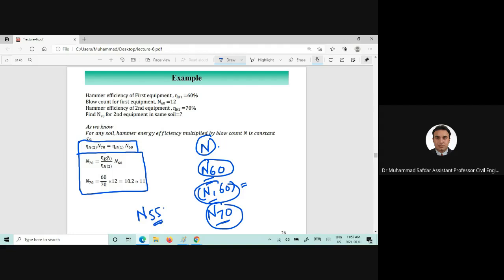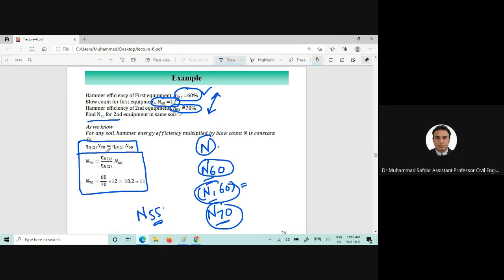In this case, for example, we are given the hammer efficiency of 60% and the N60 value is given, which is 12. Now the hammer efficiency of the second equipment is 70%, which might be used in USA, for example. Now we need to find out the N70 value based upon this information, okay?